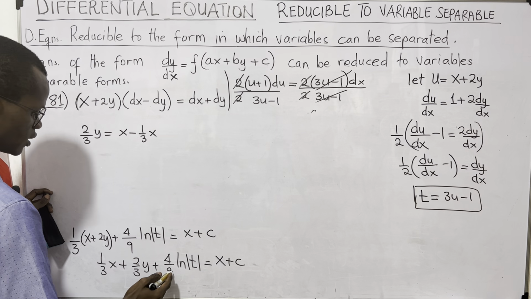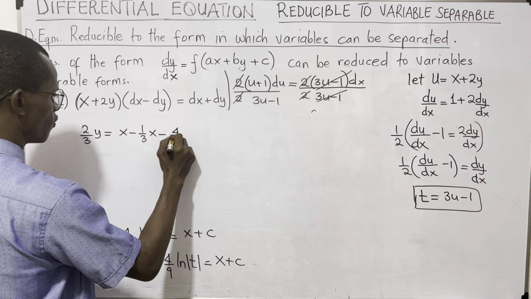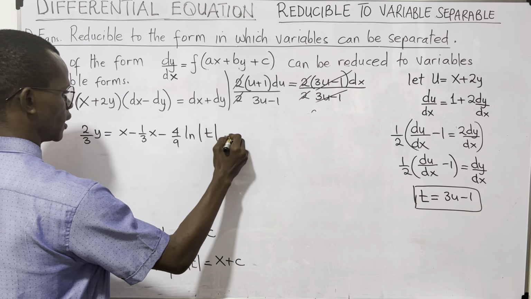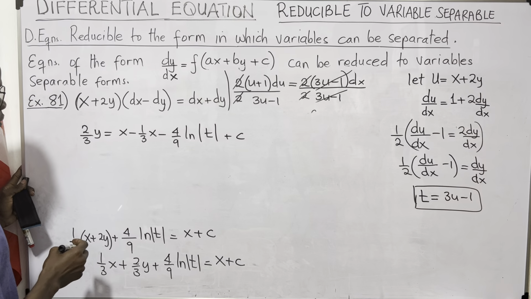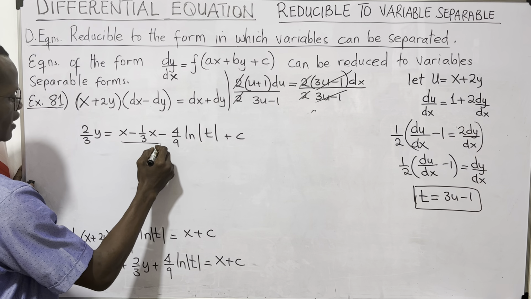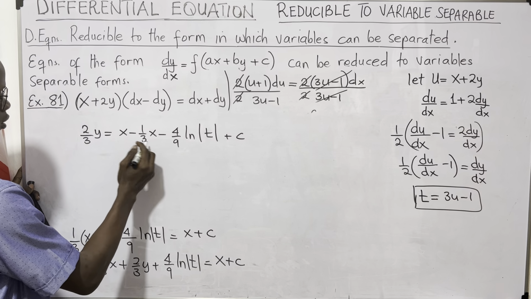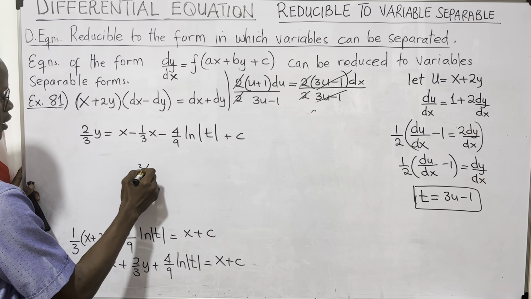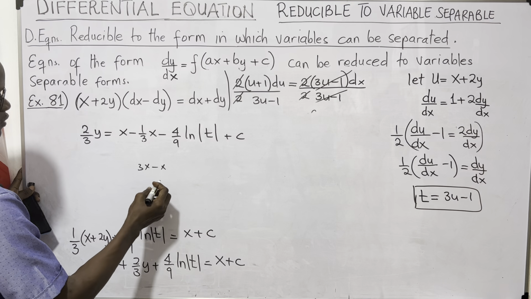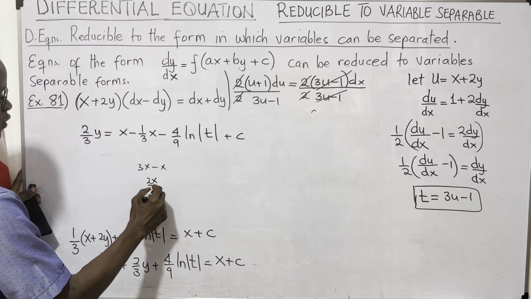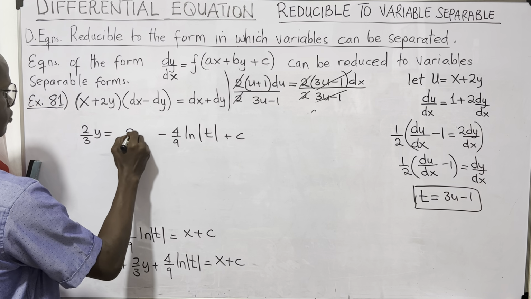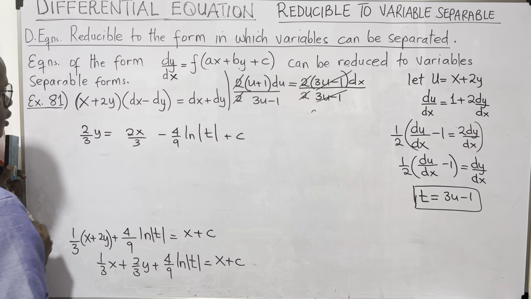We send this one across, it becomes negative 4 over 9 ln of t, and then plus some arbitrary constant c. So we can simplify this one. 3 times x is 3x, 3x minus x gives us 2x over 3. So this entire expression will just be 2x over 3.